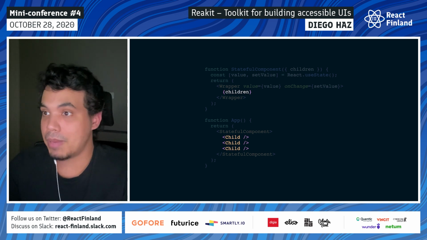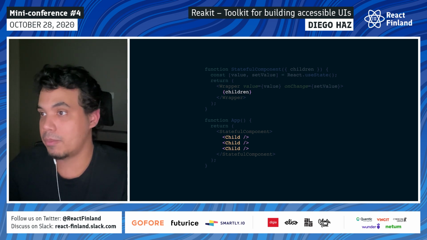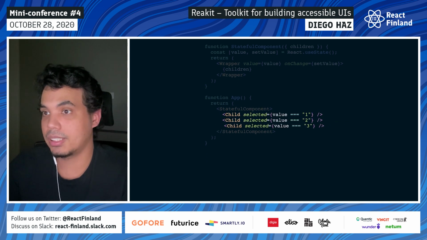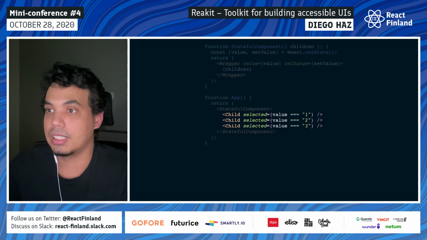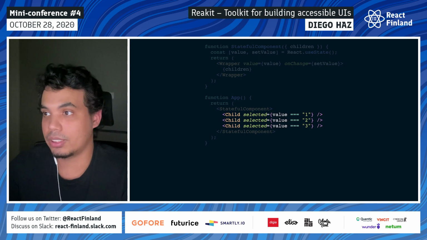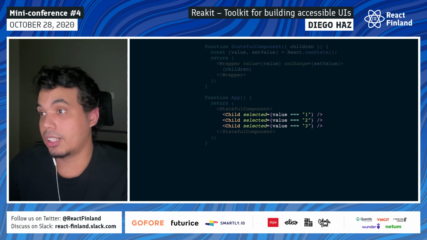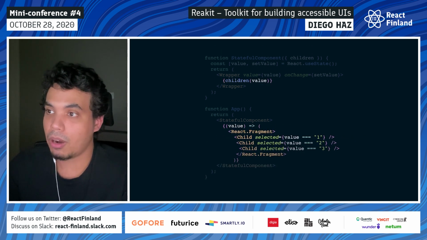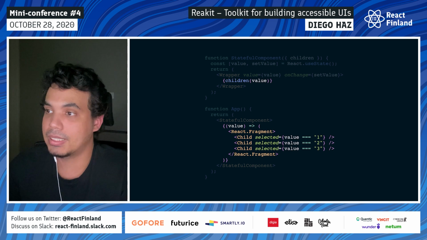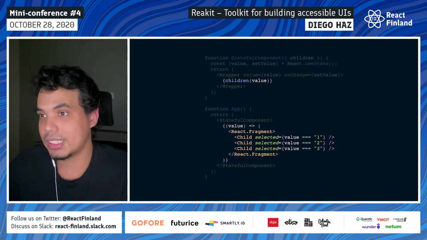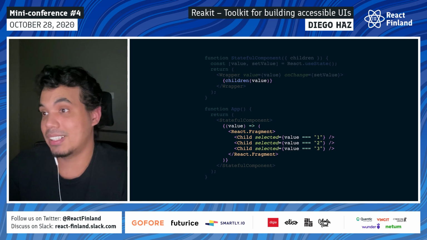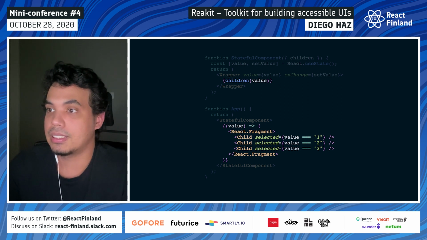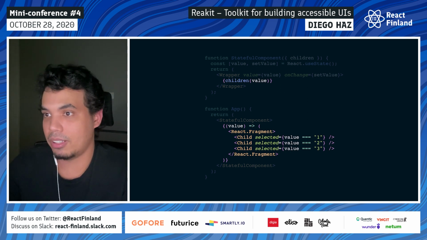But let's imagine that at some point requirements change, and now the child element expects to receive a prop that depends on that local state, which is not defined there anymore. One thing that you can do is using render props to lift the state up, but even though it still looks like the child elements are still being defined in the app component, actually the thing that is being defined here is only an anonymous function that receives a value.